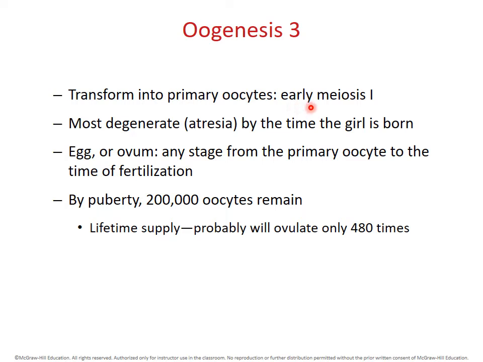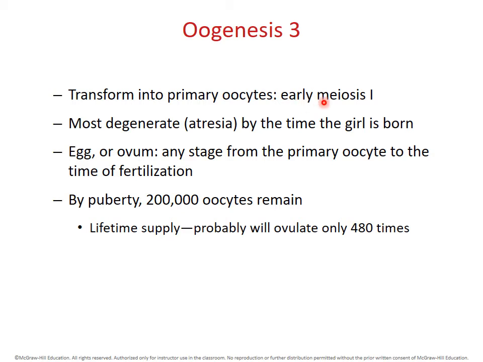I said they enter meiosis, but notice it didn't say that they complete meiosis. They actually start meiosis and tend to get arrested somewhere between prophase 1 and metaphase 1. So they don't complete the meiotic division, they just begin it very early in the development of the individual.